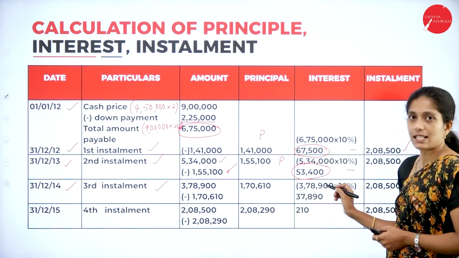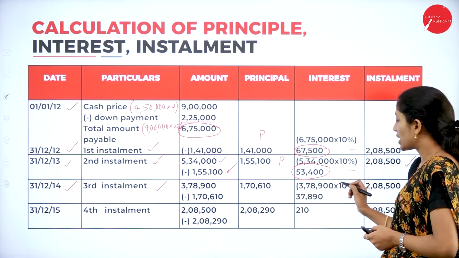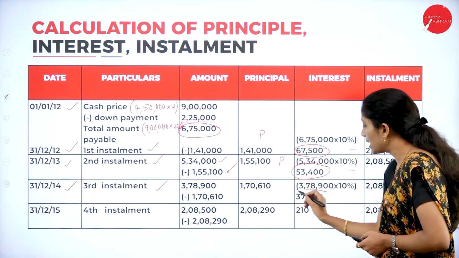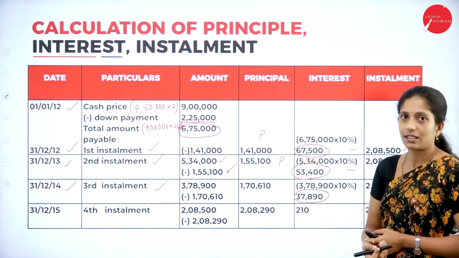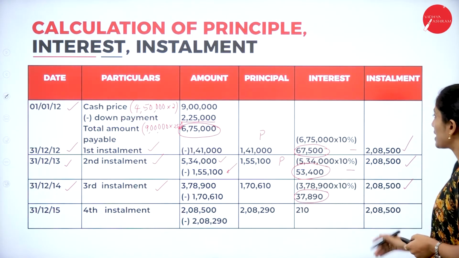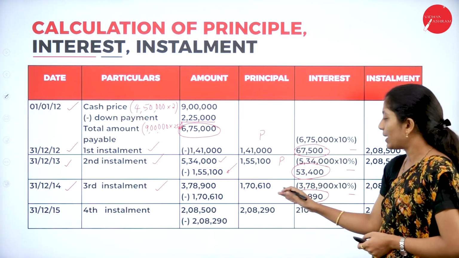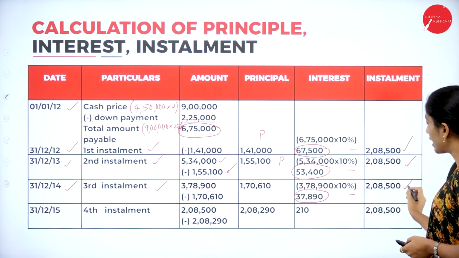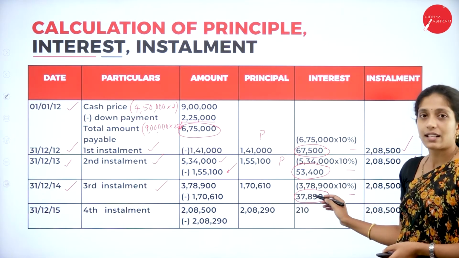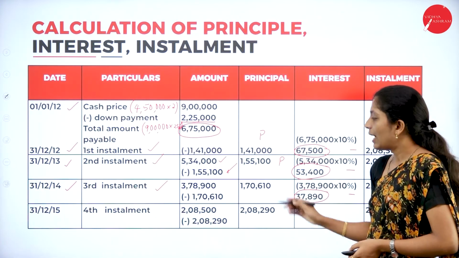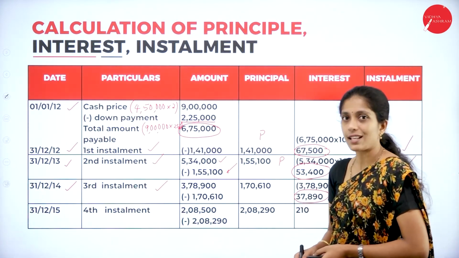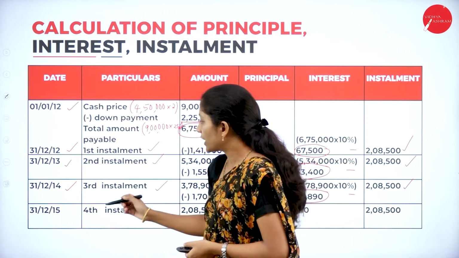The amount payable is 3,78,900 into 10%, so we'll get 37,890. Now how to calculate the principal? Installment minus interest is equal to principal. So deduct this, that is 2,08,500 minus 37,890, and you'll get 1,70,610.